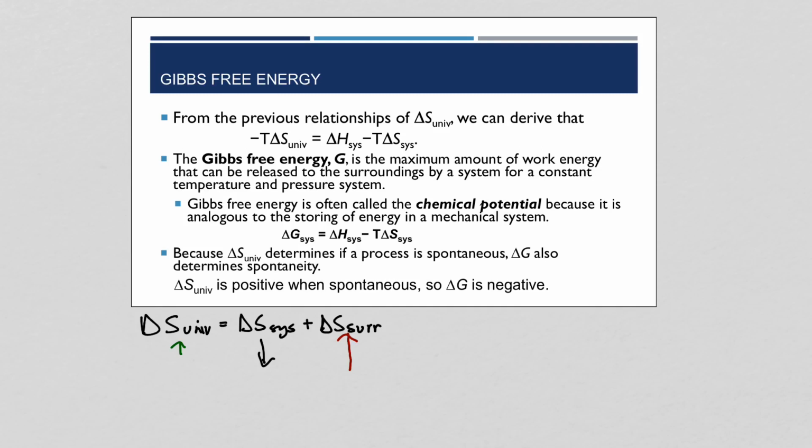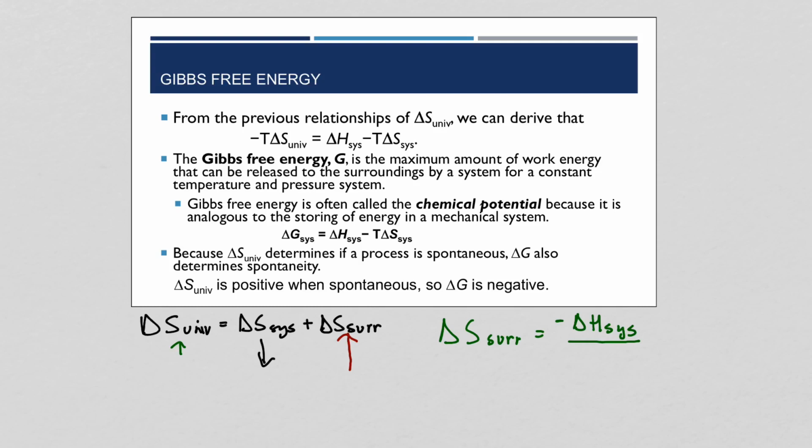So we also established the relationship between the entropy of the surroundings as an equation and how it is directly related to the negative enthalpy of the system, right? So in other words, we have an exothermic reaction, right?